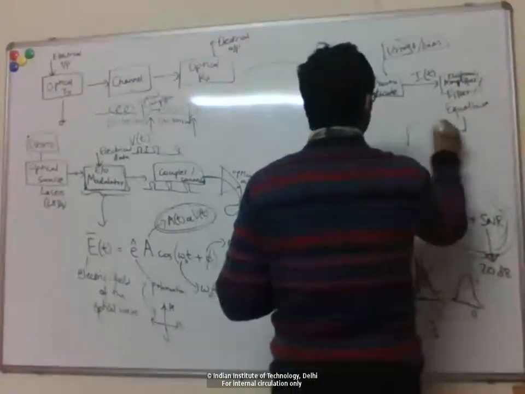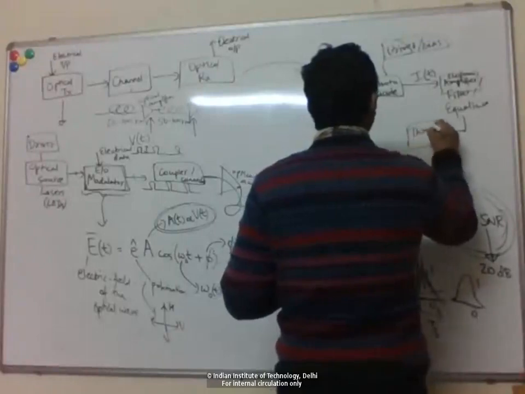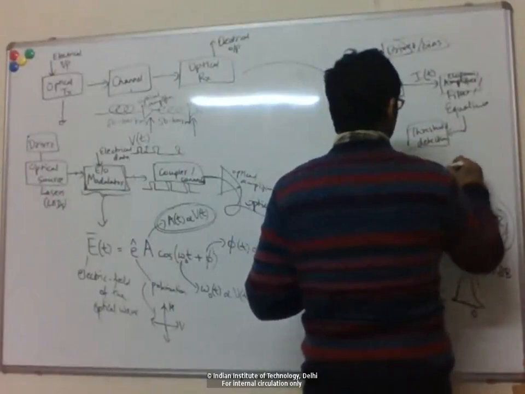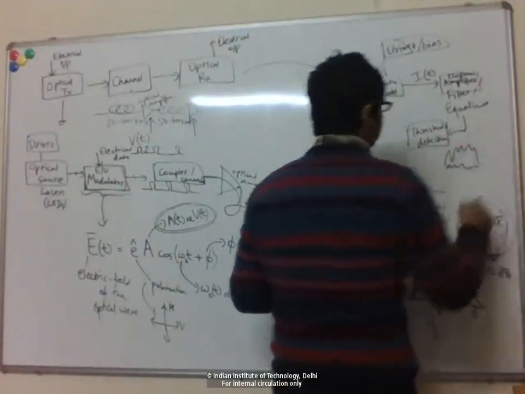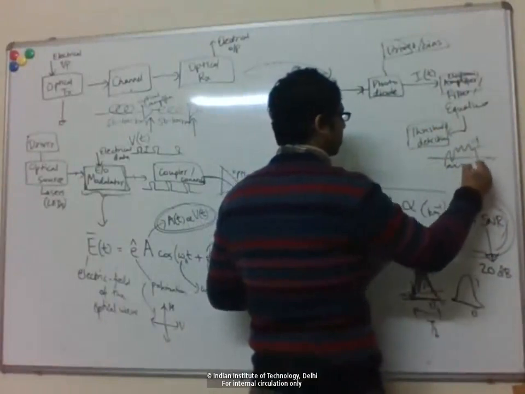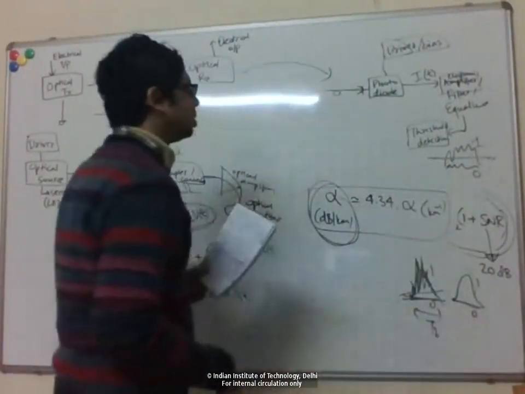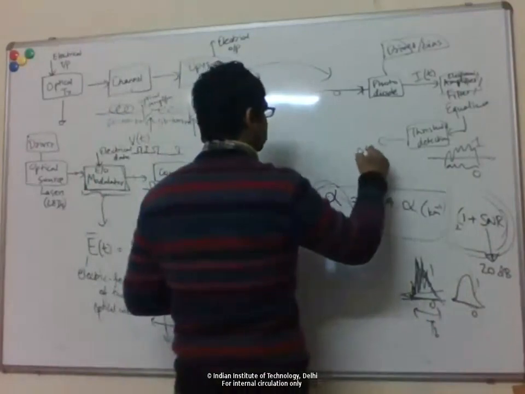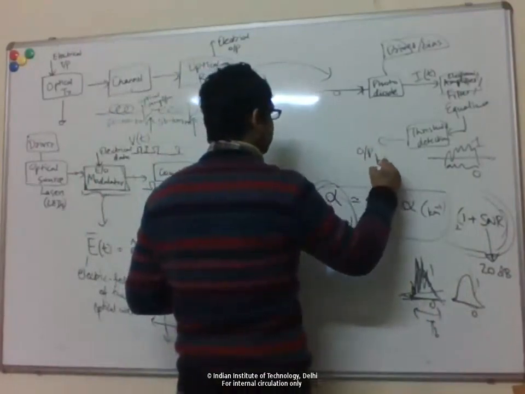And then you do some threshold detection. So you get waveforms like this, and you say, okay, if it's above this level, then I say bit 1. If it's below this level, I say bit 0. And then you get your bit stream.